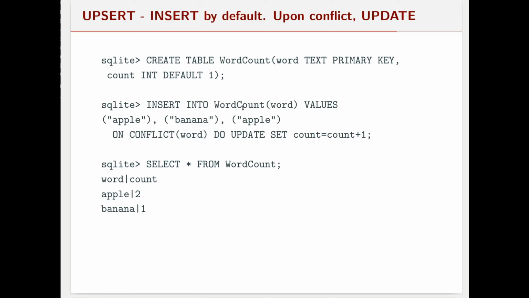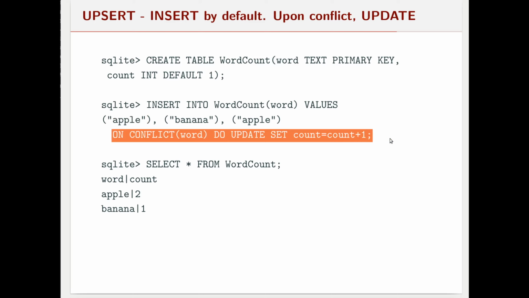Here we have insert into word count, and we're going to insert 3 rows: apple, banana and apple, with a slight modification, on conflict of word. That is, if this word already existed and led to a primary key violation, then do update, set count equals count plus 1. So when we insert the very first row, apple, this part wouldn't fire.